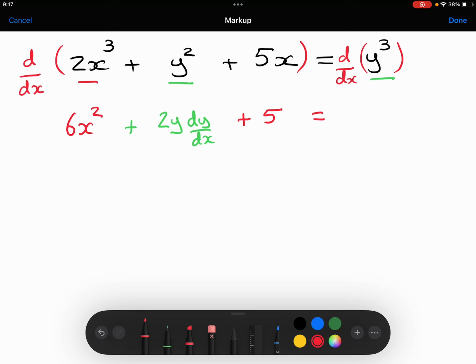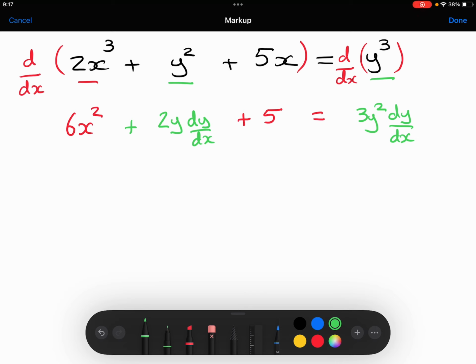And then on the right-hand side, the y cubed, I differentiate that with respect to y first, and then I'll times by the dy by dx. And there we go. I have differentiated both sides of this equation with respect to x.